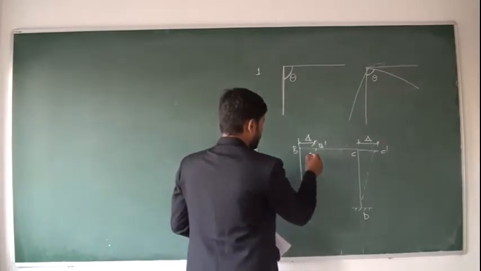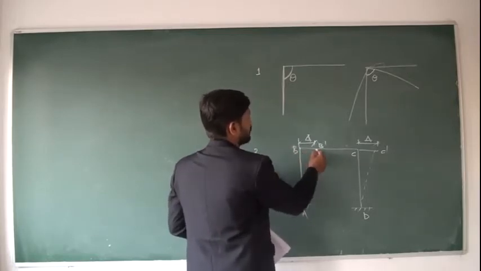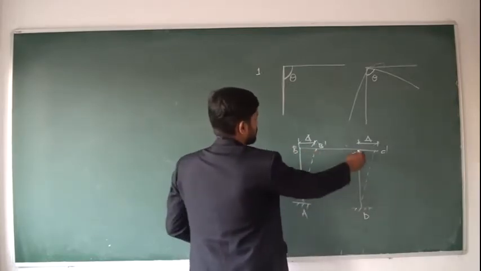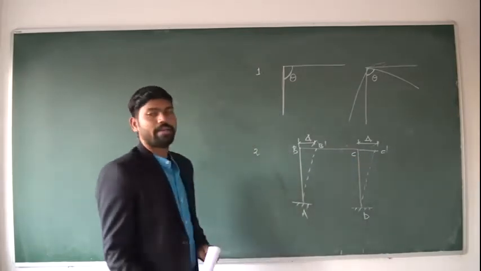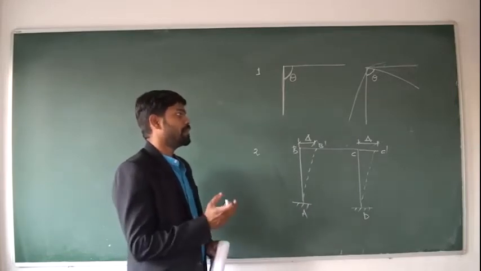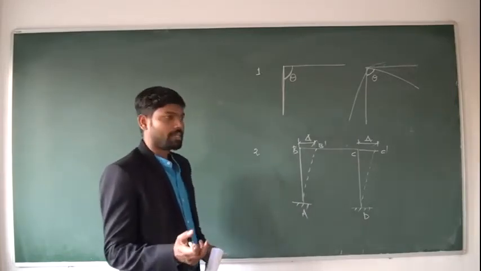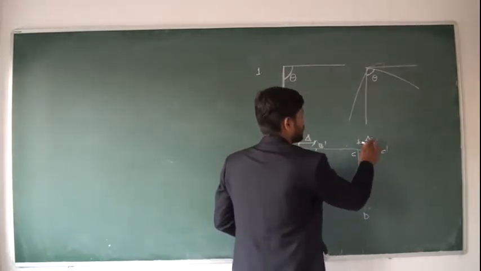There is a displacement of point B to B dash, similarly the displacement of point C to C dash. The horizontal displacement of B to B dash is delta, and at the same time C to C dash is also delta.